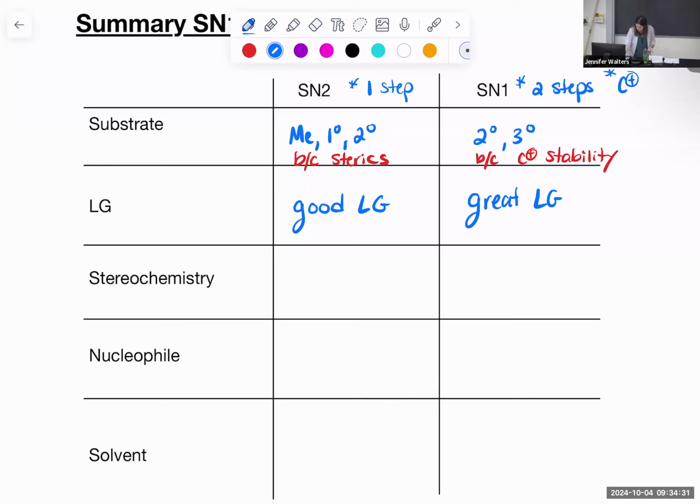Our stereochemistry for our SN2, we said that we saw inversion, and that was because of that backside attack. It was accessing that sigma star. For SN1, we saw racemization.